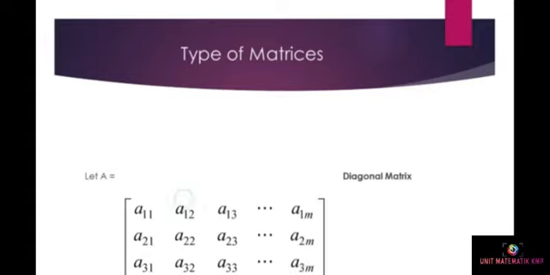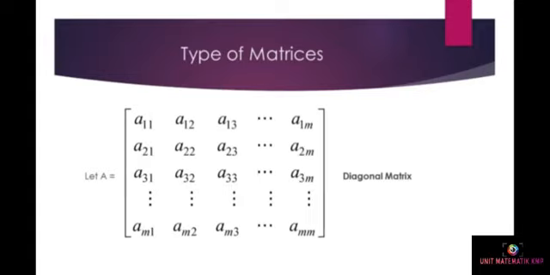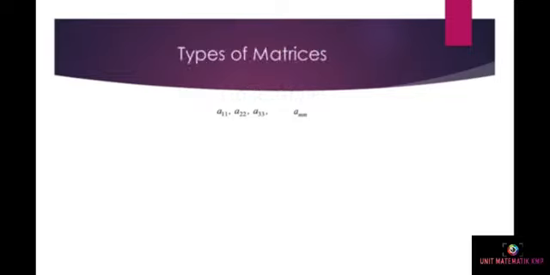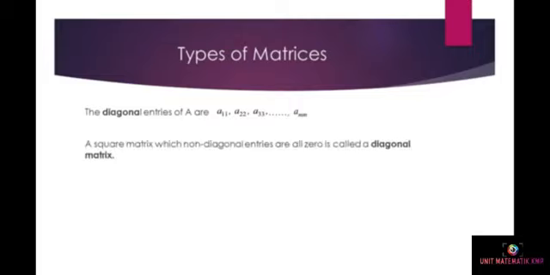Diagonal matrix. The diagonal entries of A are A11, A22, A33, and Amm. A square matrix whose non-diagonal entries are all 0 is called a diagonal matrix.